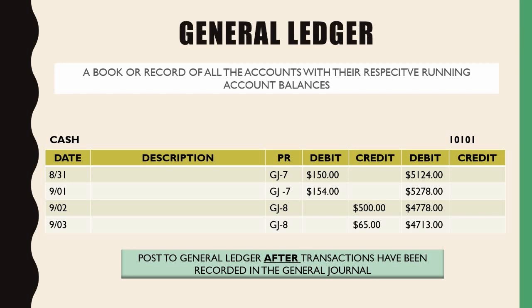It's got a debit column and a credit column to reflect the normal balance. Okay, and this is where the terminology of why my cash, which is an asset, has a normal balance of a debit balance. Okay, so you see how things are coming together.